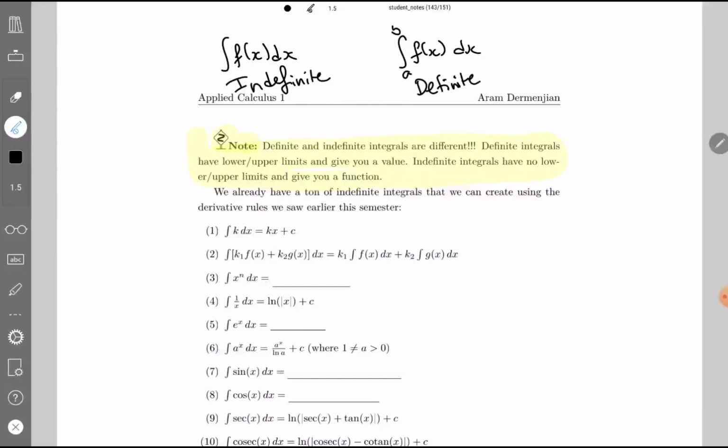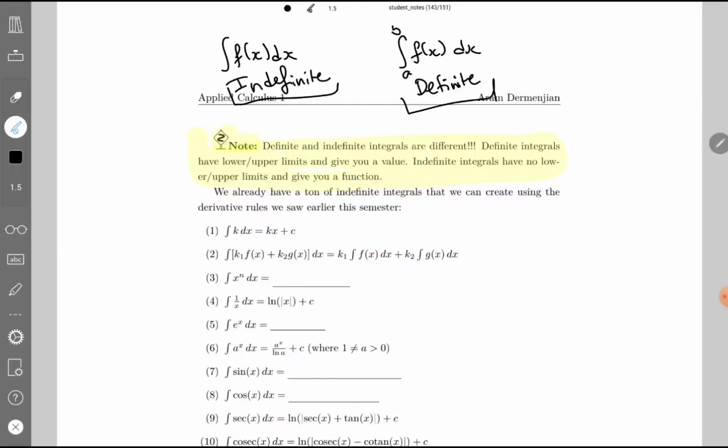That's because this will give us a definite answer. I know exactly what the answer is. This one, I don't really know, because I'm not telling you where my box starts and ends. It's just giving me a general solution, but it's not telling me exactly what the solution is.